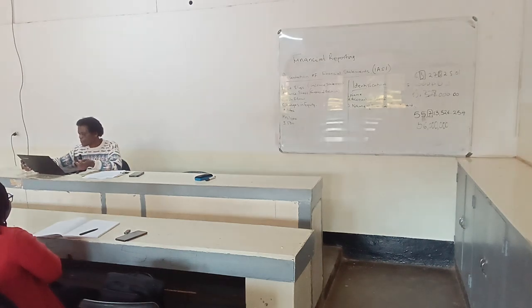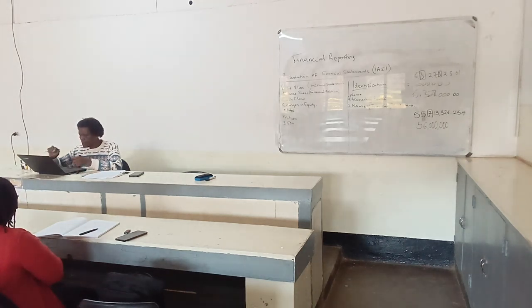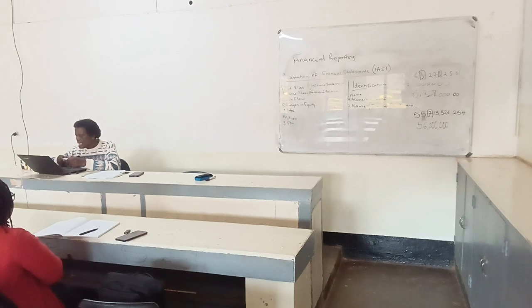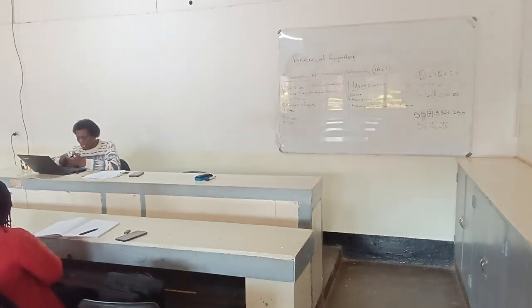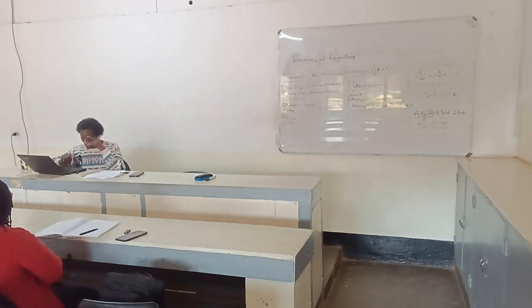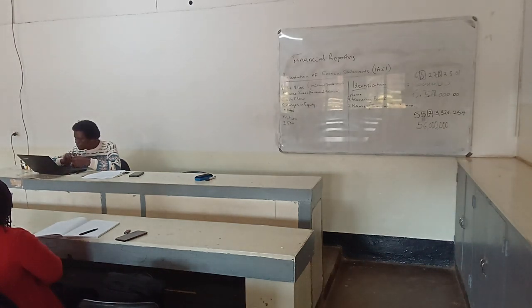So what are we saying? We are saying that when we are reporting, mainly, as we are already aware, we report by comparing the figures. The years that we are using should be more than one year.